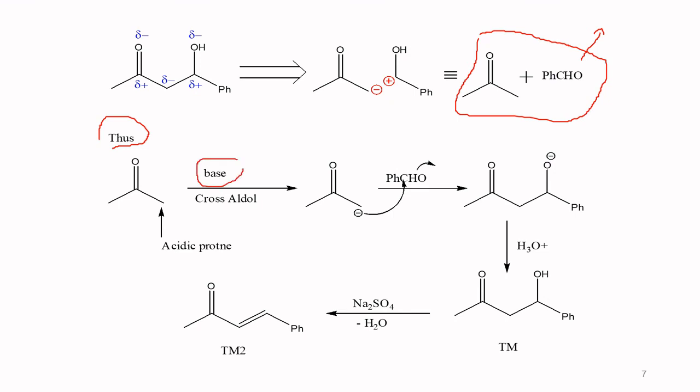The base will abstract this proton, and then it will give you a negative molecule like this. So this oxygen will attack the carbonyl carbon, and then will result in this intermediate. And then when you have acid, this minus charge will abstract the proton, and then it will give you the target molecule.